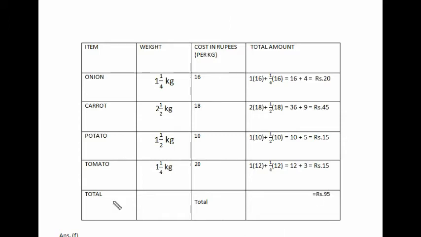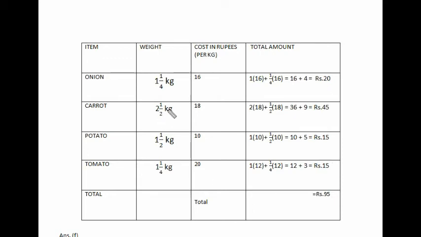And then to find out the total money I will have to pay, I have to add all these amounts. Cost of 1 and 1/4 kg of onion is 20.